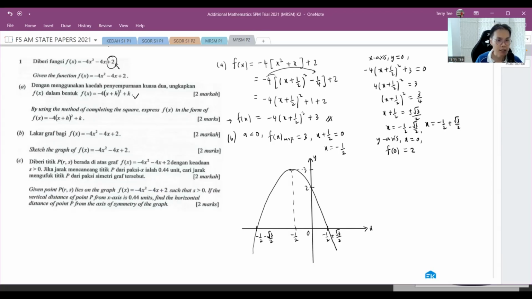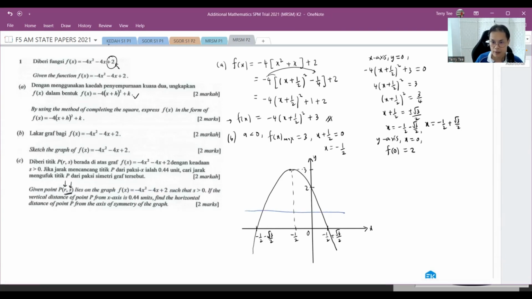Now, let's look at part C. Given that point P lies on this graph such that P is (R, S), where S is more than 0. If the vertical distance of P from the x-axis is 0.44, vertical distance from the x-axis simply means the height. Maybe I just draw a line for you, maybe around here.